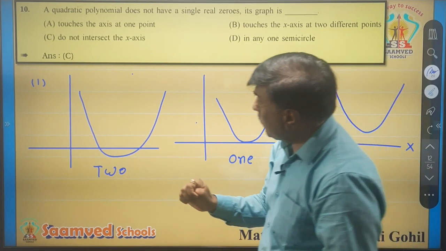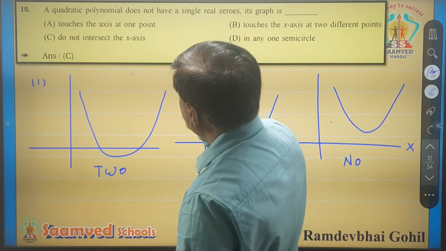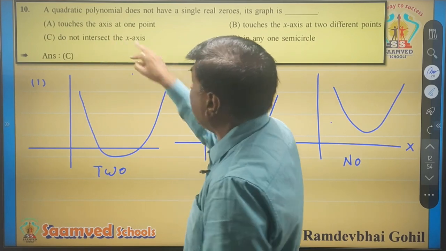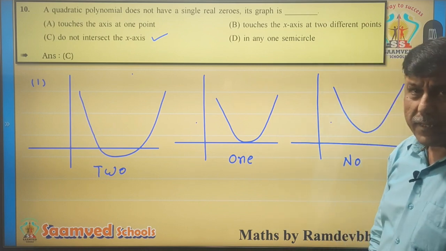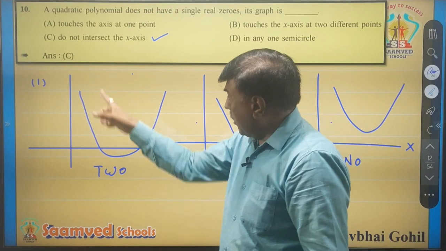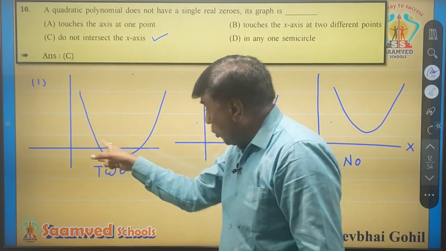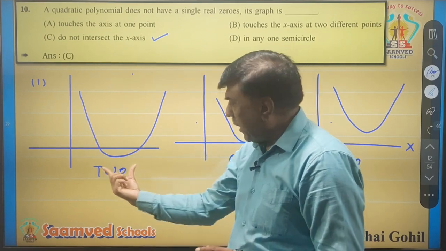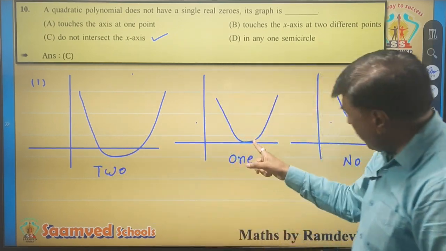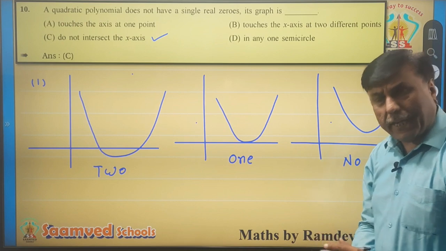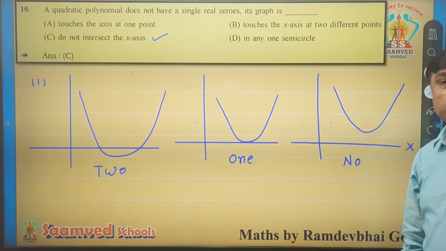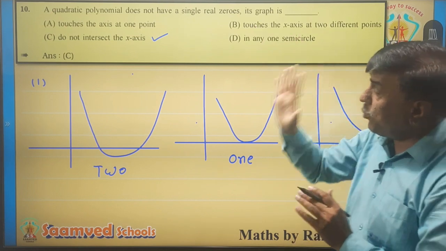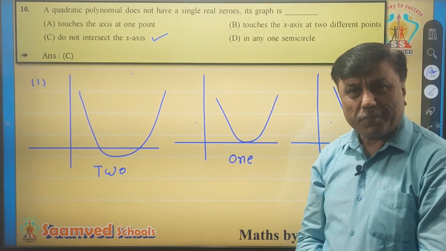Now see the option. Do not intersect the x-axis. This is the answer. If graph intersects in two distinct points, then there are two zeros. If one point, then one zero. And if not intersect, then there are no zeros of this quadratic polynomial. Understand?